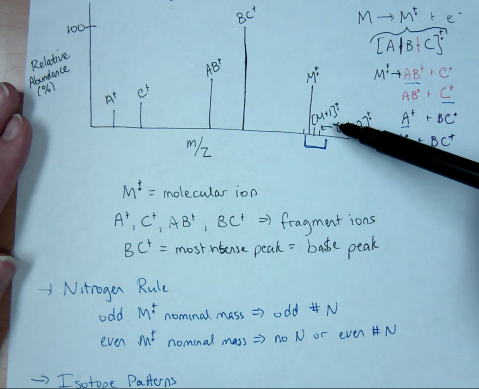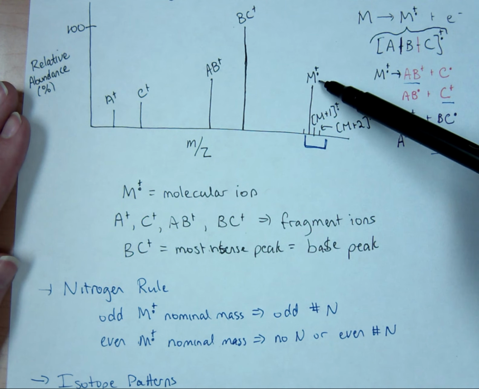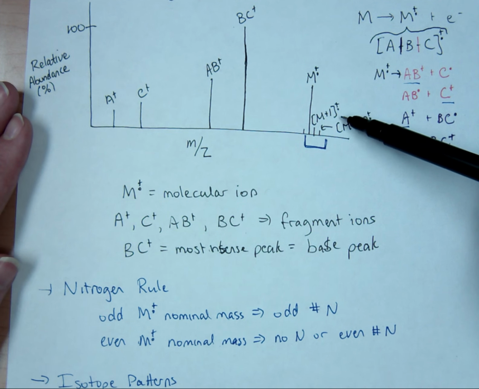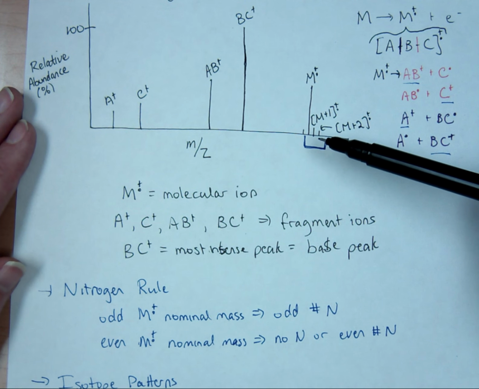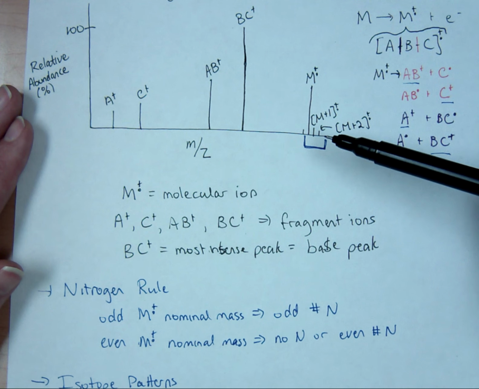If you have 100 carbons in your molecular ion, the peak at M plus 1 will be about 1% of your molecular ion. So when we do interpretation, we can look at this ratio and determine approximately how many carbons we might have if we've determined that we're only doing hydrocarbons.